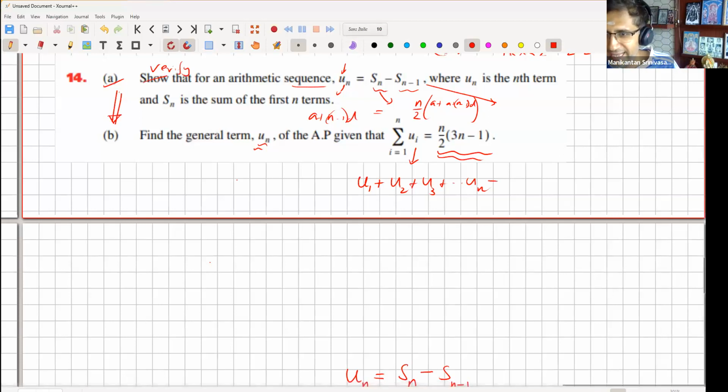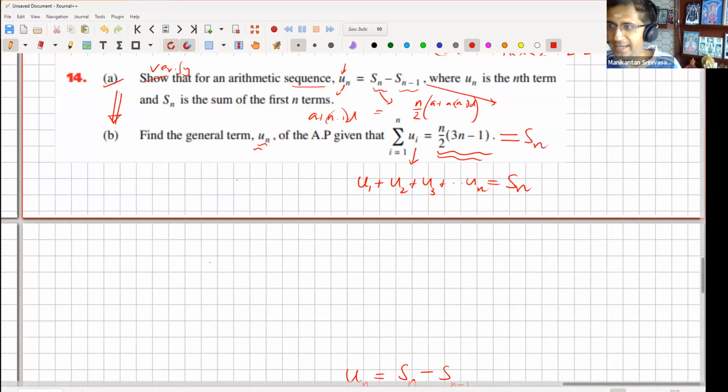So this is Sn, right? So knowing Sn, I can find un. That's it. If you didn't follow still, I'll give you a minute to think about it and we'll discuss, of course.